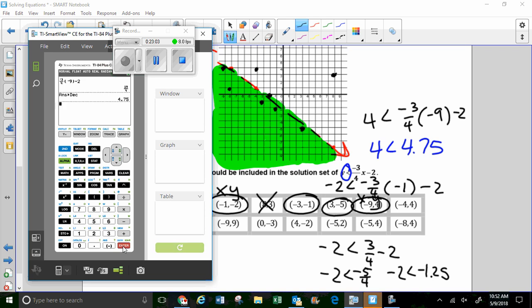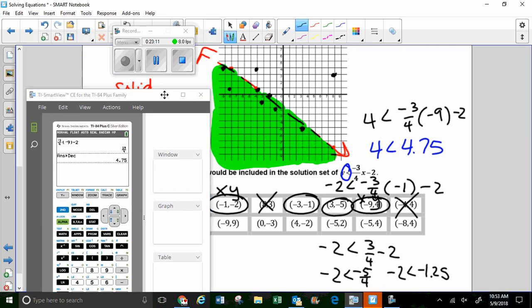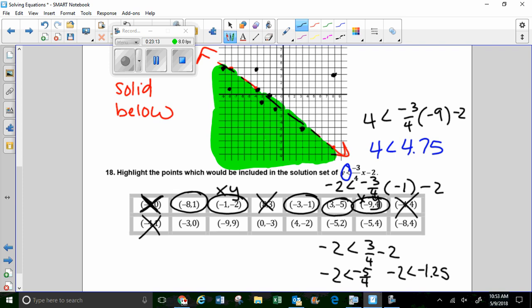-4, 4, obviously outside the solution region. -4, 1 on the dashed line, so that's no good. -3, 0, also on the dashed line, so that is no good. Well, I don't know if it ends up right on the dashed line. I'm going to have to plug that one in.